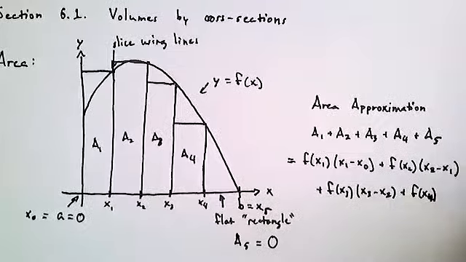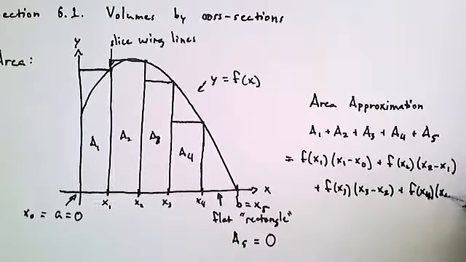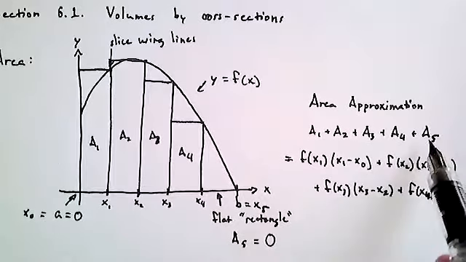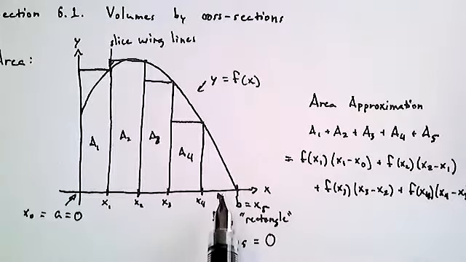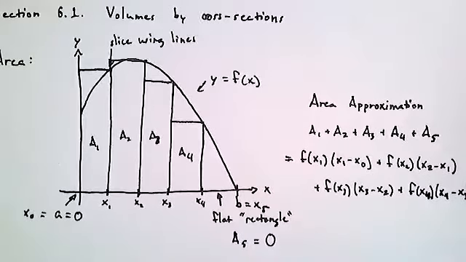Let's see if we can squeeze it in here. And then area 5, since it was a flat rectangle, not really a true rectangle, its area was 0.